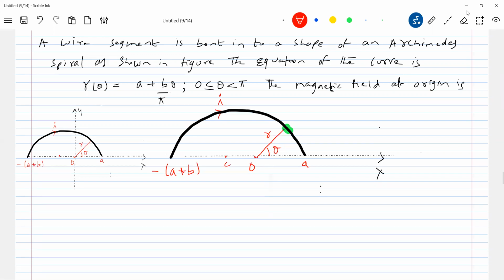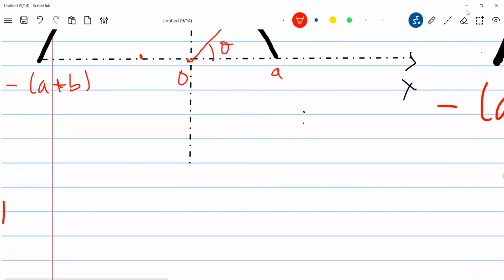Let me assume a current element, and let its length be dl. So r d theta.